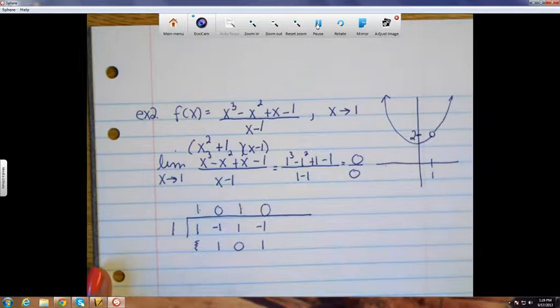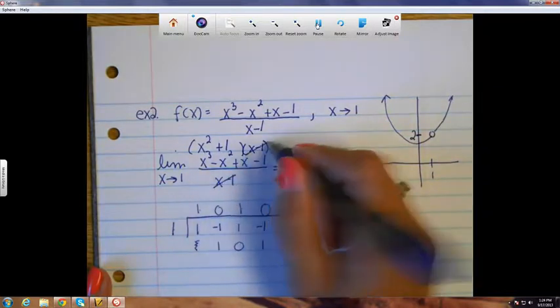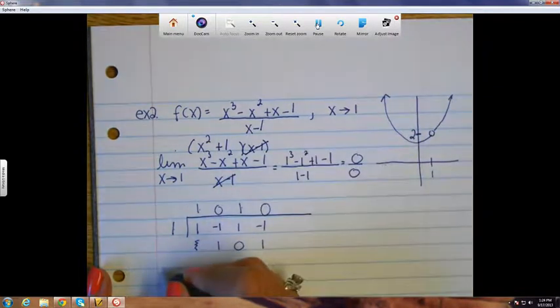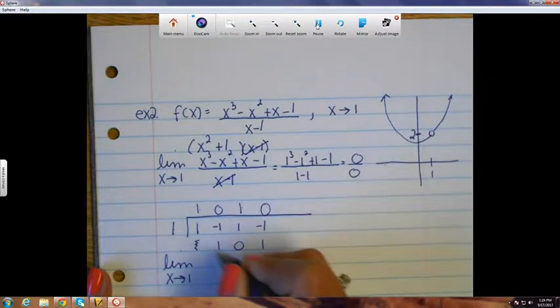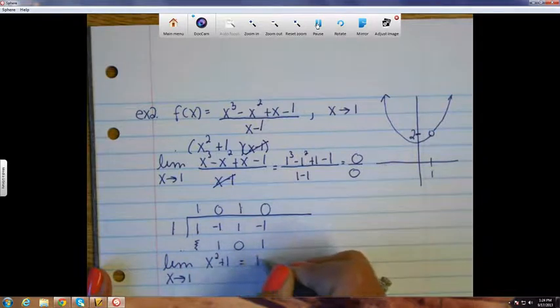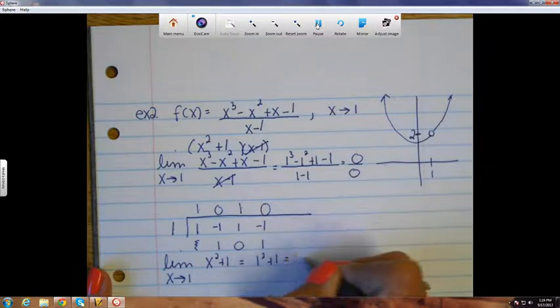So now I can cancel off the x minus 1. Now to get the limit as x approaches 1, I'm just going to use the x squared plus 1. Substitute in, 1 squared plus 1, there's our 2.